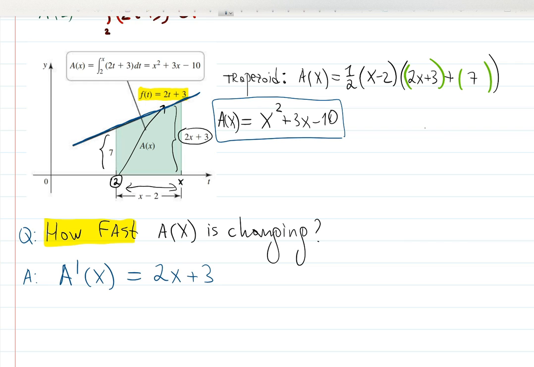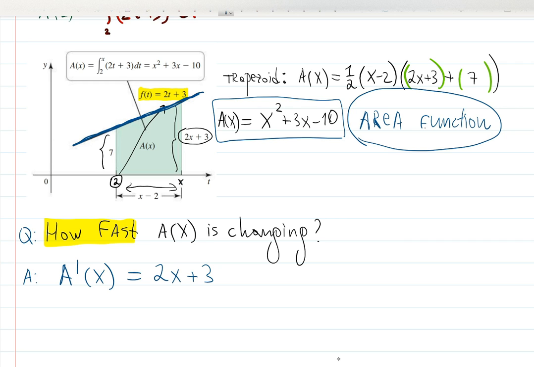So we had area, that was area. By differentiating the area, finding how fast this area is changing, if this is the area function. Yes, area function. Because if area is a number, it doesn't make sense to differentiate the number gives you 0. But by differentiating the area function, it gave me the original graph of the function, or the function below which this area was found. It's pretty cool.